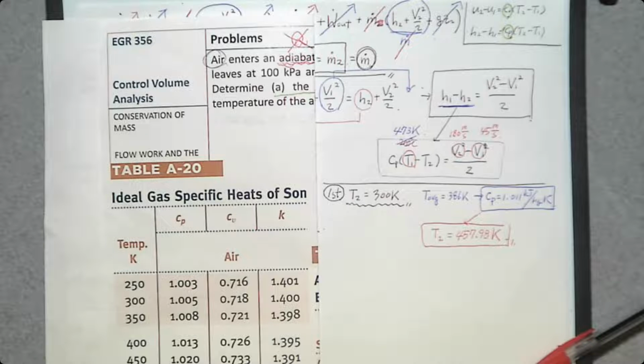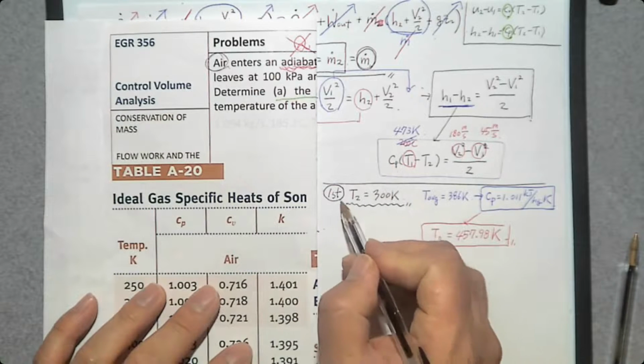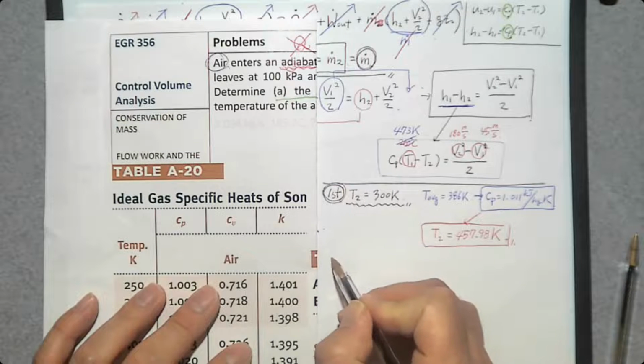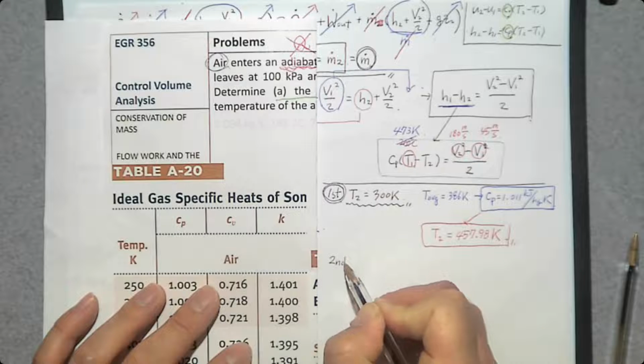So we assumed that T2 is 300, and then what we got for T2 is 458. Are they close? I don't think so. So our assumption was not okay. So what can you do? The first iteration was not okay, so we can do the second guess.